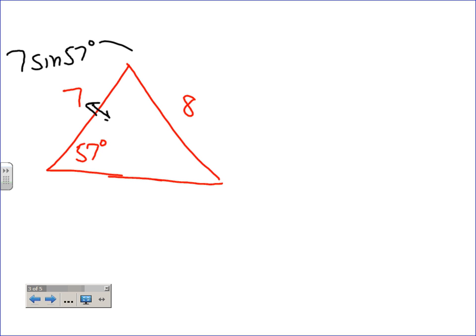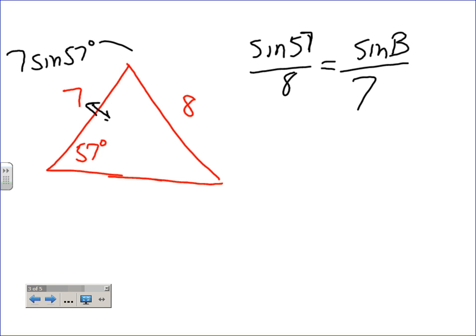No, you don't. You just go ahead, let law of sines do the job it's supposed to, which says to take sine of 57 over 8 equals sine of B over 7. Because again, that's a, b, c.